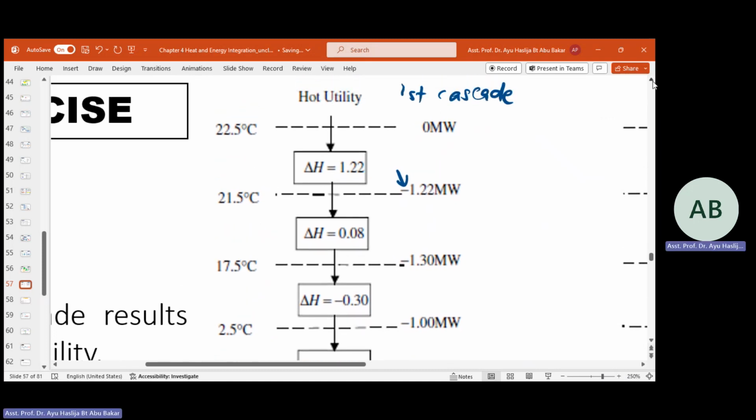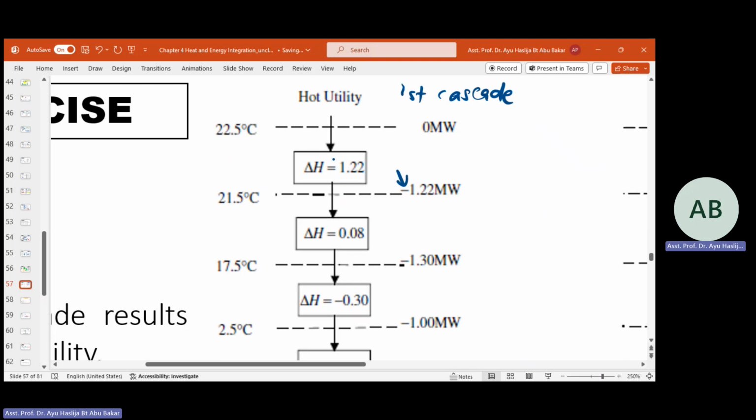Okay, you need to understand this, supply and gain. Negative outside the box here on the cascade means supply heat to the stream because the stream requires 1.22.